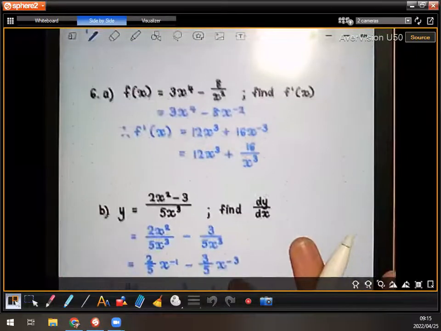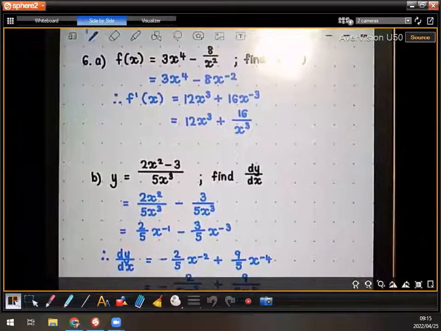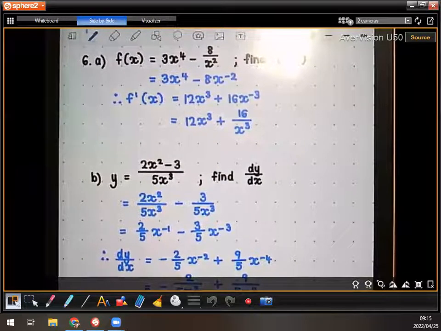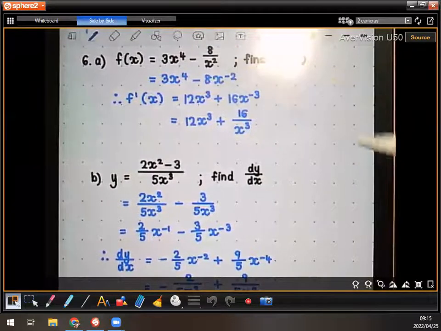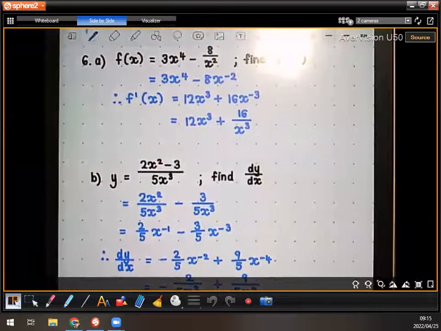Right, 6. Here we have 6A and B. There's just one last line to B, which is down. I'll show you now. So for 6A, you needed to obviously write that first. Just change it to a negative exponent, and then x dash x is in it.